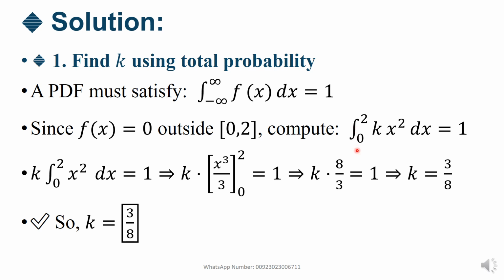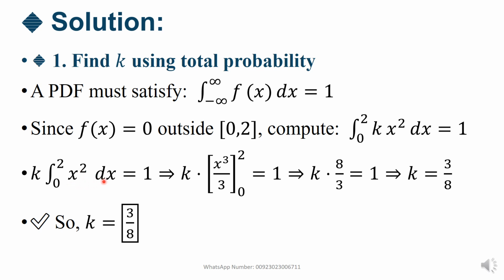We write it in integration form with dx, equal to 1. Now k is a constant number, so we write k separately: k times the integral from 0 to 2 of x square dx.